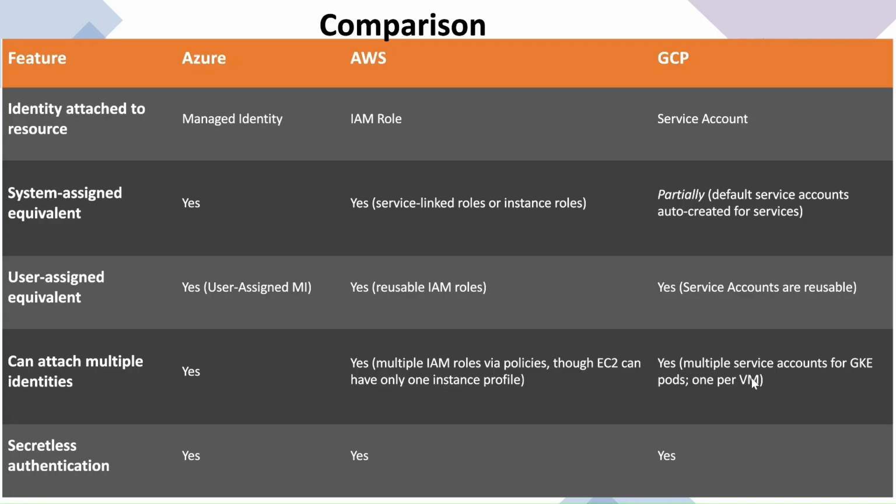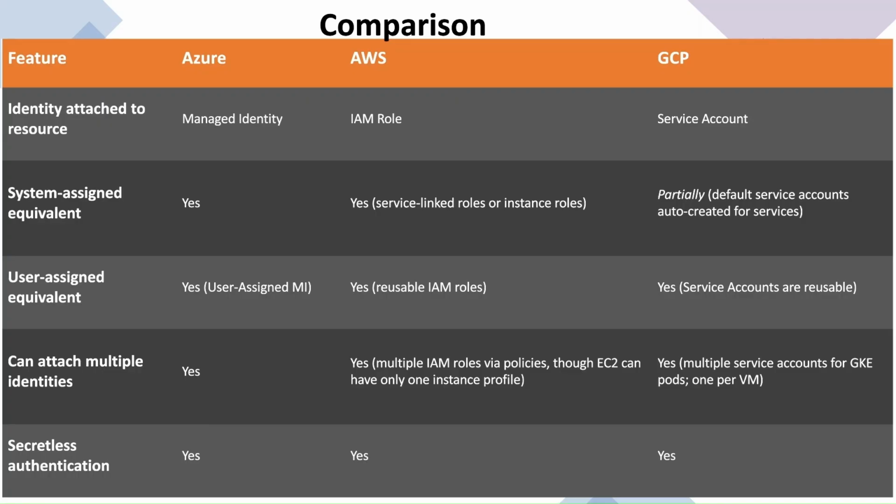And in the case of GCP, again, multiple service accounts for GKE pods, one per VM. And secretless authentication without using any secrets? Yes. AWS, GCP, Azure, all are the same in this aspect.